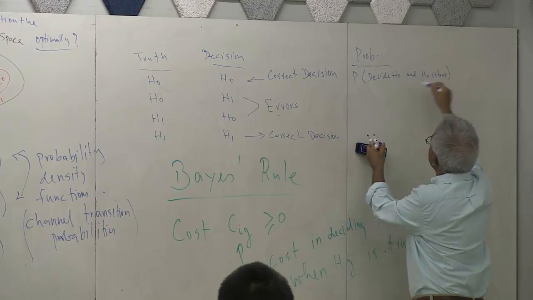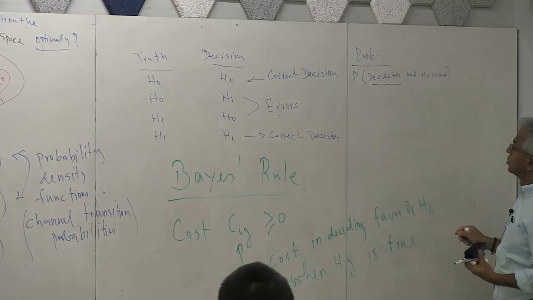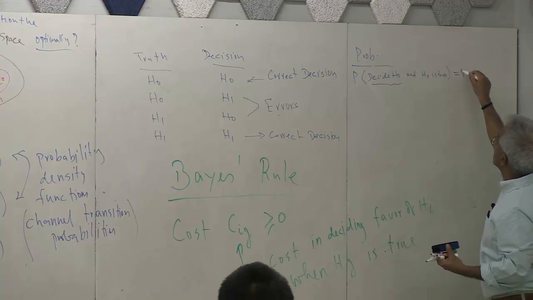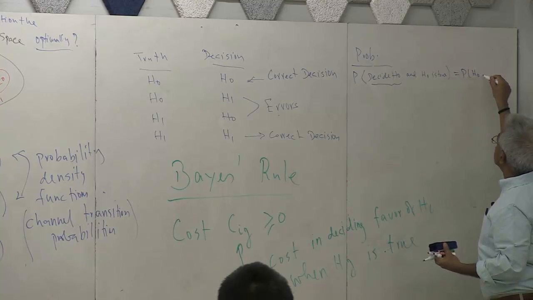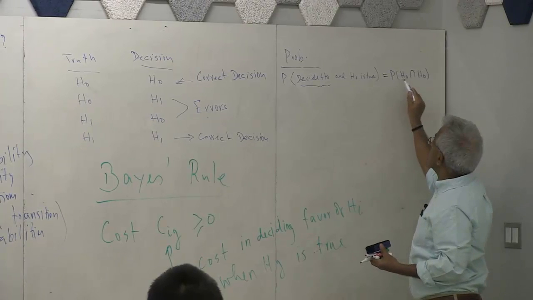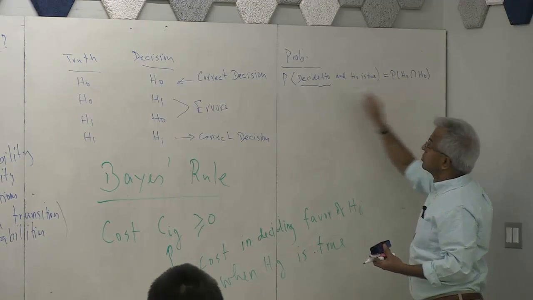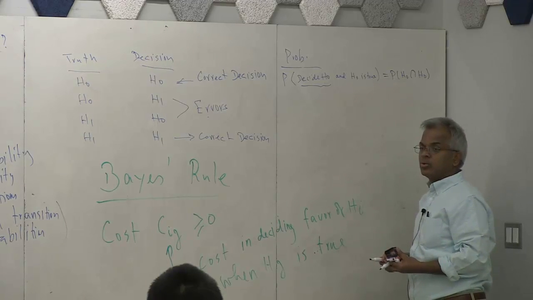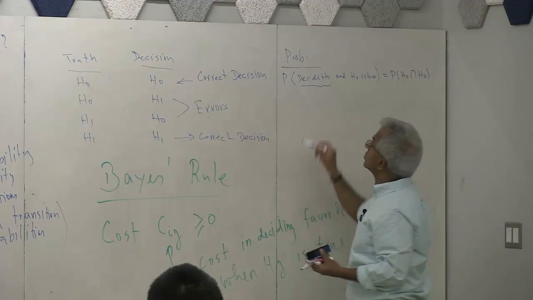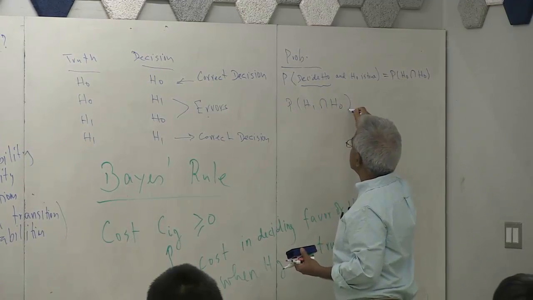We don't want to keep writing like this, so I'm only going to show the symbols here. The first symbol is the decision, so I'm going to write this as: decide in favor of H0 and H0 is true. You can read it out loud. And this will be decide in favor of H1 and H0 is true.